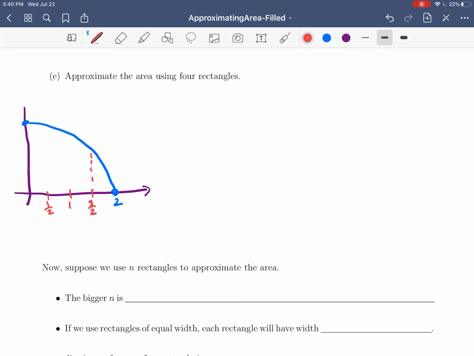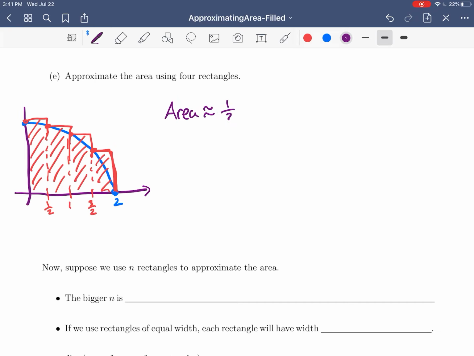So then I'm going to get 4 rectangles. I'm using the left endpoint for each. Oops. Those are terrible rectangles. So I add up all of these areas. So now I have 4 things to add up. And we can see that we're probably going to get an overestimate.